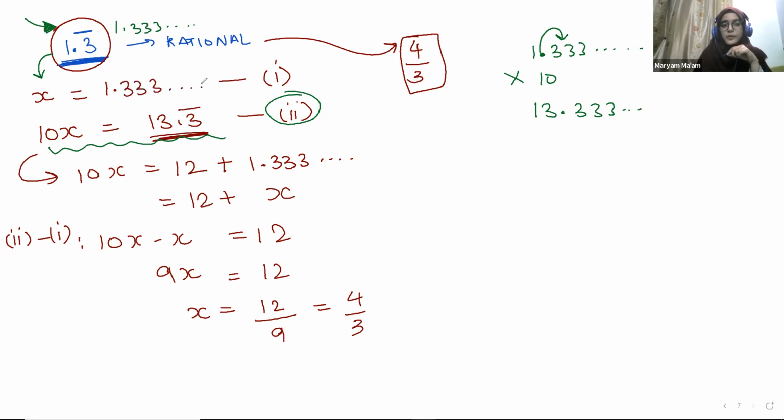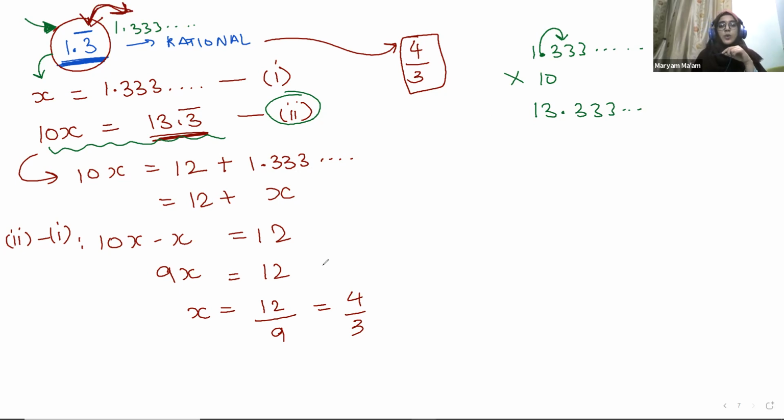Is this more comfortable to you guys? Yes, ma'am. Okay. So yeah, you can also write it like this, no problem, because this one and this one are the same thing. All right. You can write it interchangeably.